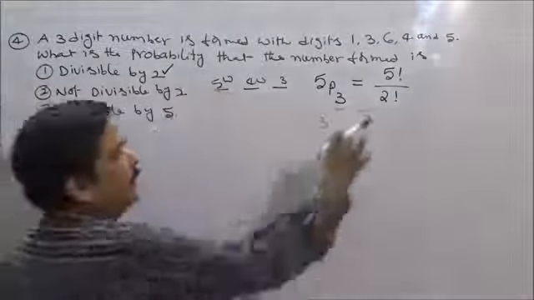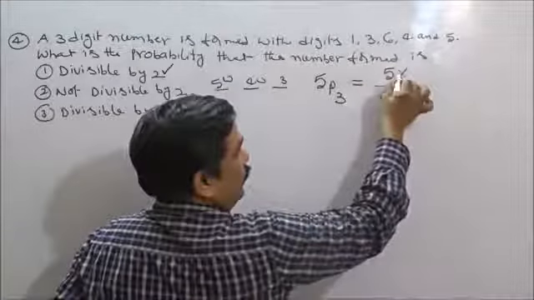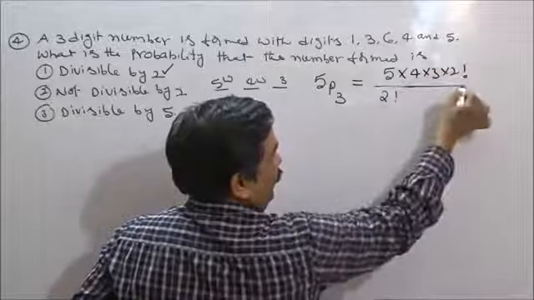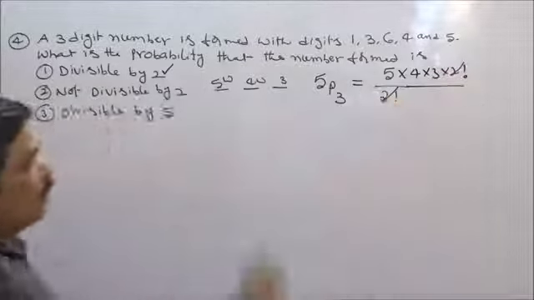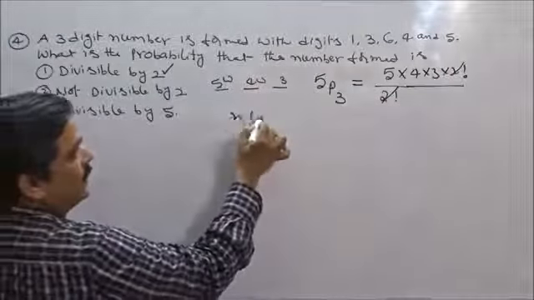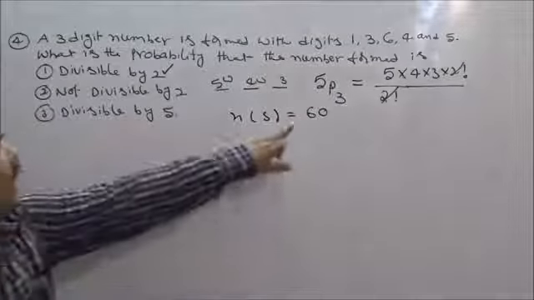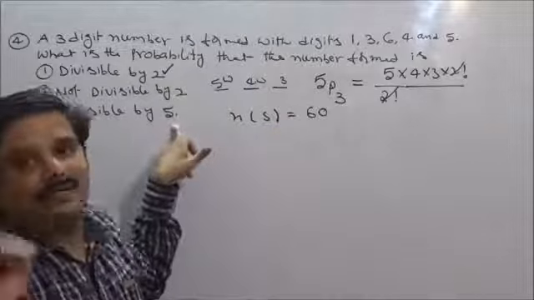This is the same: 5 into 4 into 3, which is 60. The sample space is 60. This 60 is common for all 3 questions.